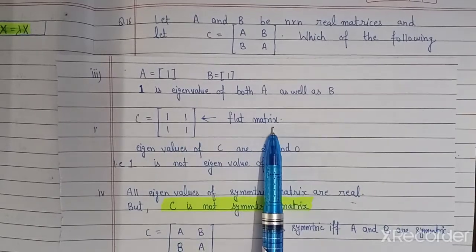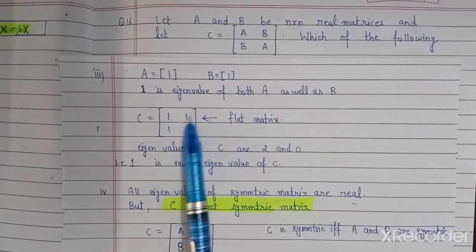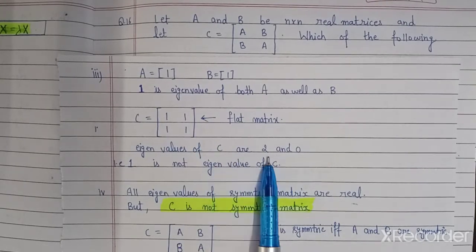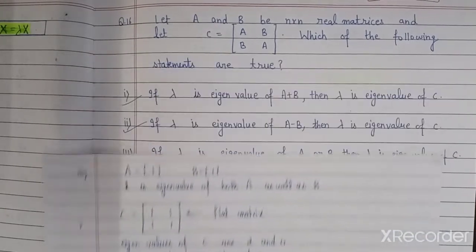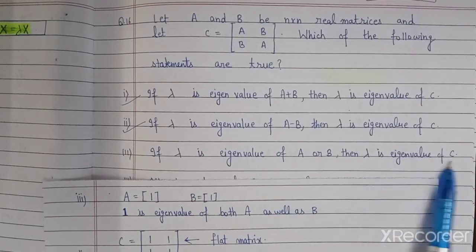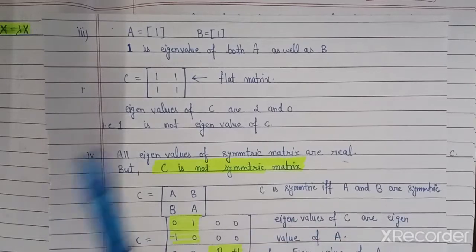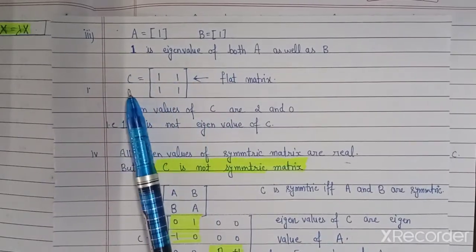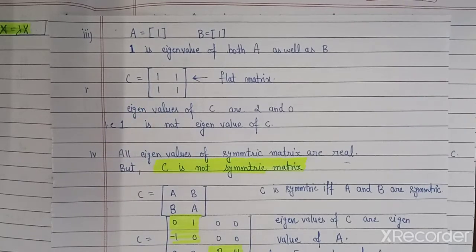This is a flat matrix, and the eigenvalues of this flat matrix are 2, because this is 2 cross 2, and the rest of the eigenvalues are 0. It is given that if lambda is an eigenvalue of A or B, then lambda has to be an eigenvalue of C. But the eigenvalue of A and B is 1, and 1 is not an eigenvalue of C. This implies option number third is incorrect.